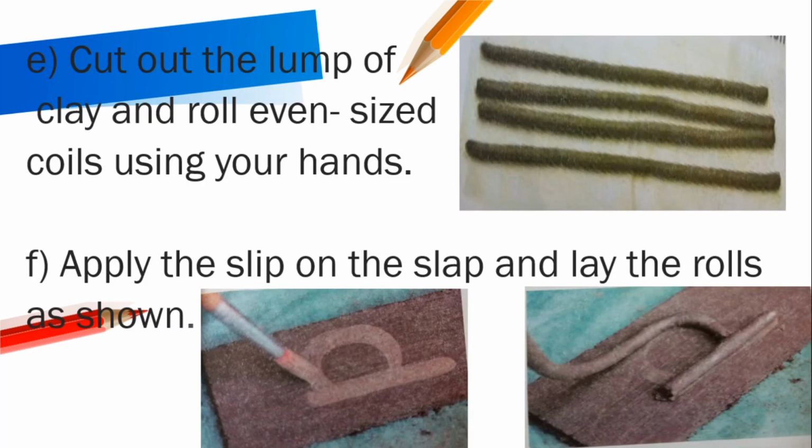Now, after marking different sizes, what do you do? You cut out the lump of clay and roll even sized coils using the hand. Now you roll like this, and you can see we have these lumps of clay which have been rolled. Are we together?